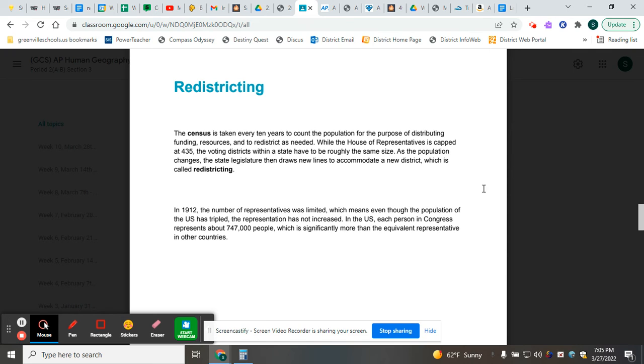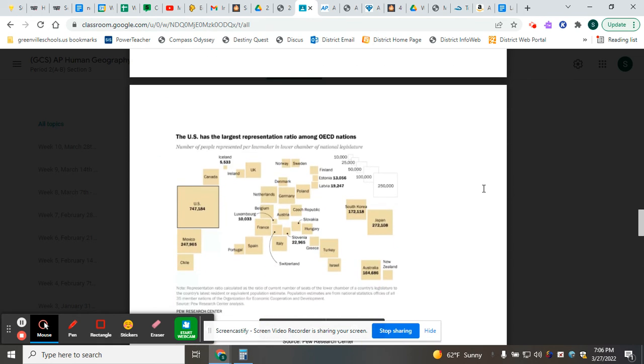At some point this unit, I'll show you what South Carolina's congressional map looks like. But just know what redistricting is: every 10 years we do a census and we have to redraw congressional lines in every state that best or better reflects how that population has changed and where that population has changed.